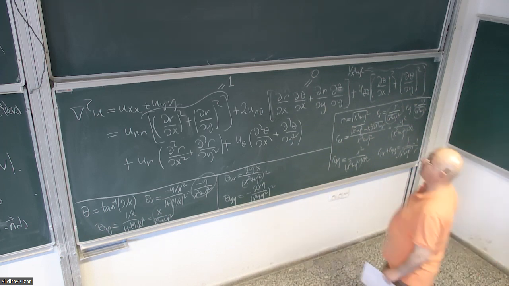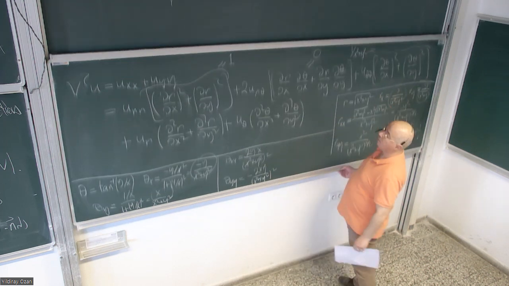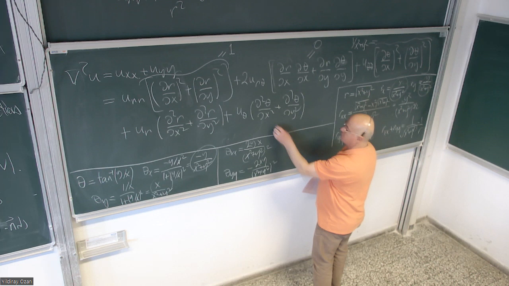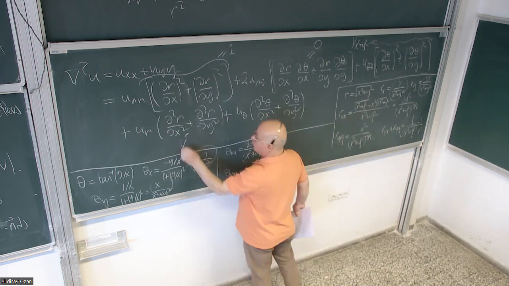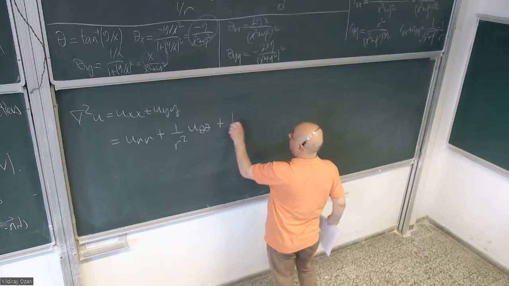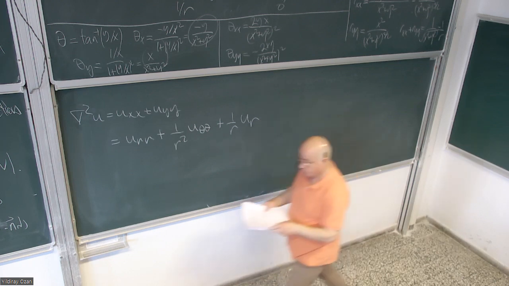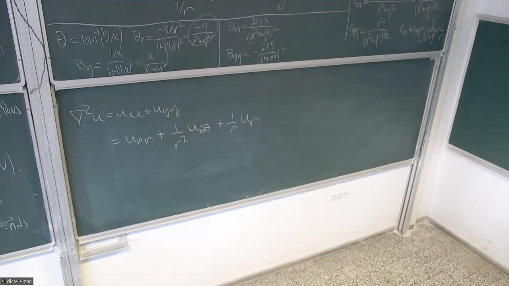So this is 0, and this is 1 over r, giving 1 over r times u sub r. So this is the Laplace equation in polar coordinates. Oops. Okay, let's stop.